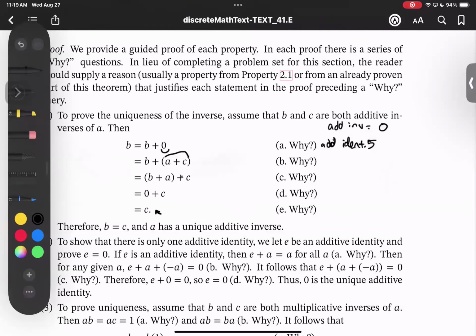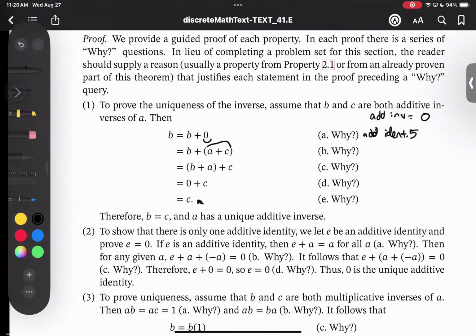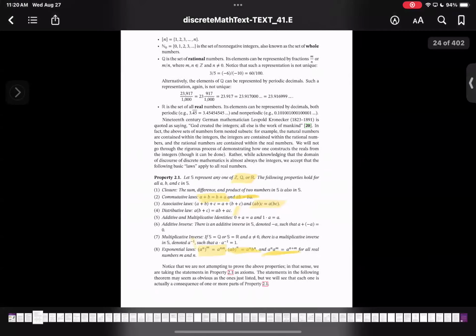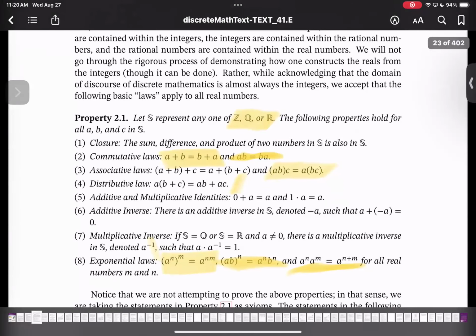So c is basically like negative a. And so this comes from the property of additive inverses, which is property 6.